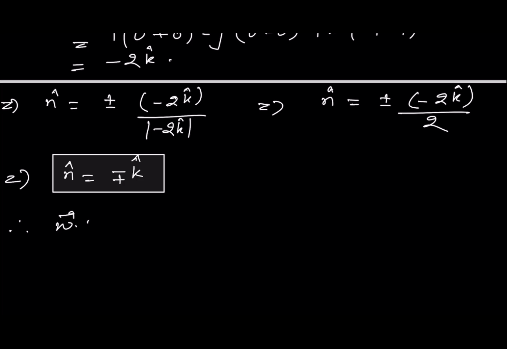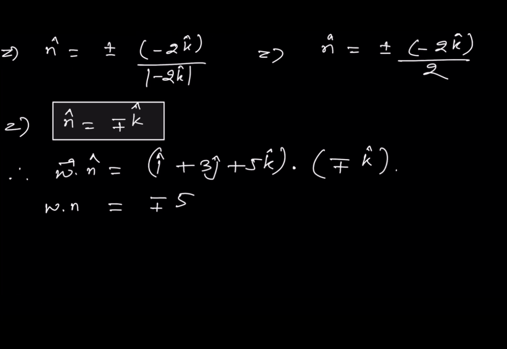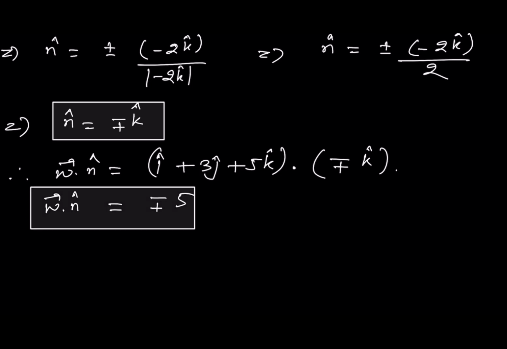So w dot n cap will become (i plus 3j plus 5k) dot (plus minus k cap), right? So i dot k is 0, j dot k is 0, so this will become plus minus 5 times k dot k, which is 1. So you can say w dot n cap is plus minus 5. This is the final answer.